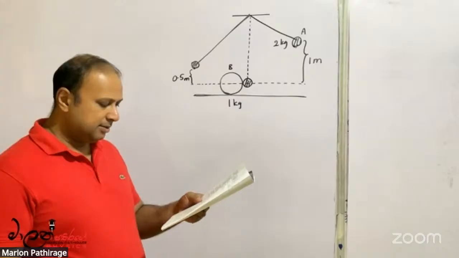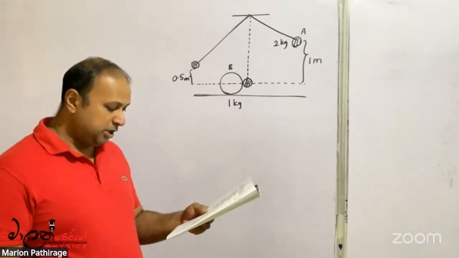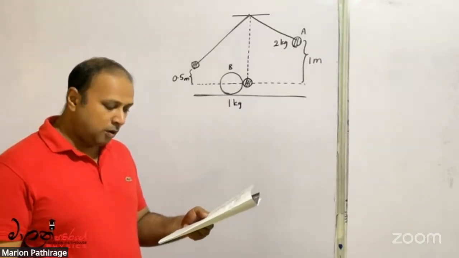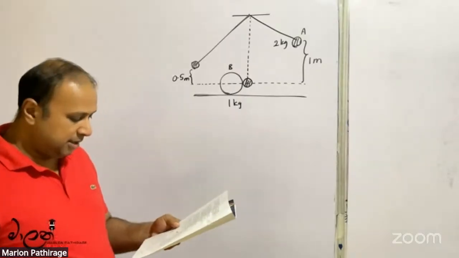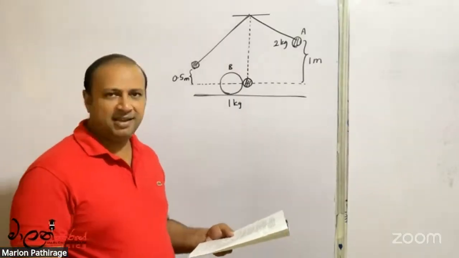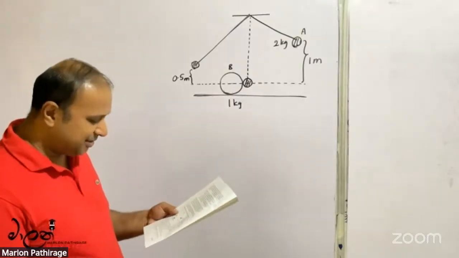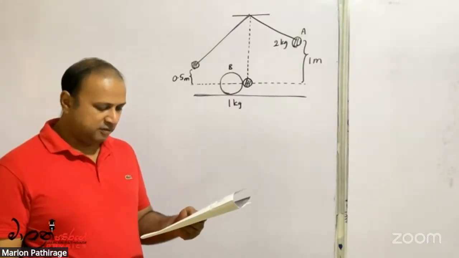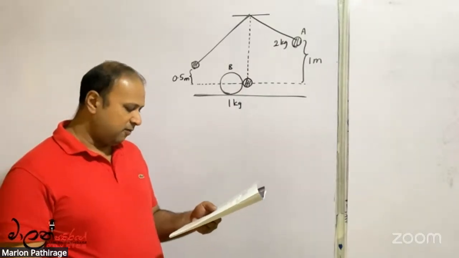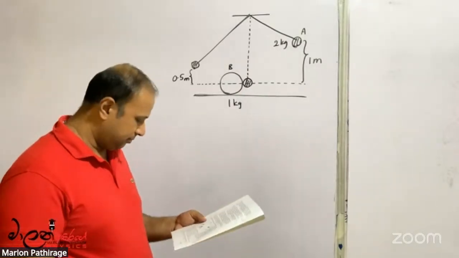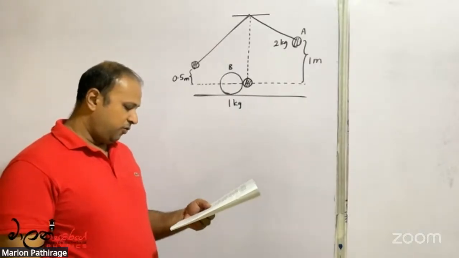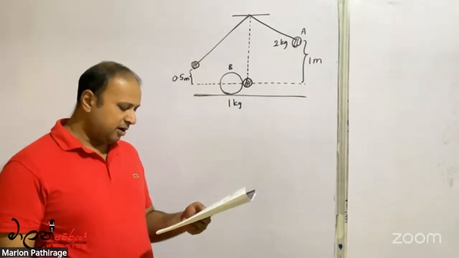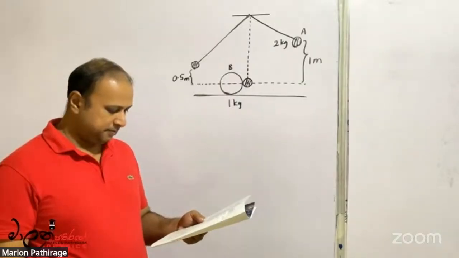Then at the lowest point of its path, it collides inelastically with another sphere B, of mass 1 kg, which is at rest on a rough horizontal surface.